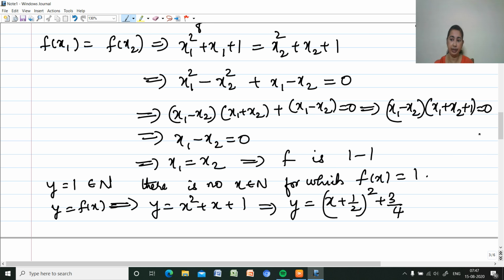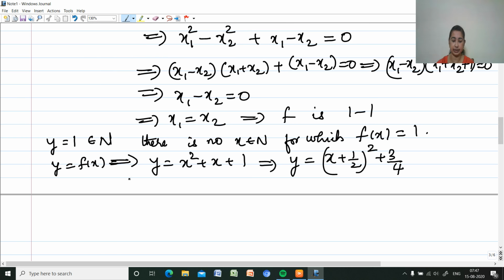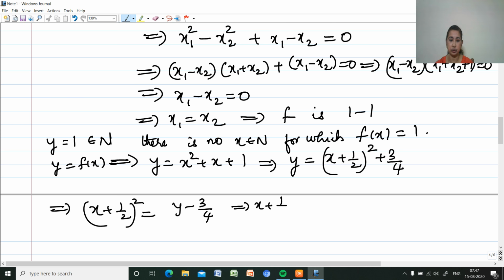From here I can find the value of x: x plus 1 by 2 whole square is the same as y minus 3 by 4, or x plus 1 by 2 is equal to root of y minus 3 by 4, or x is equal to root of y minus 3 by 4, minus 1 by 2.